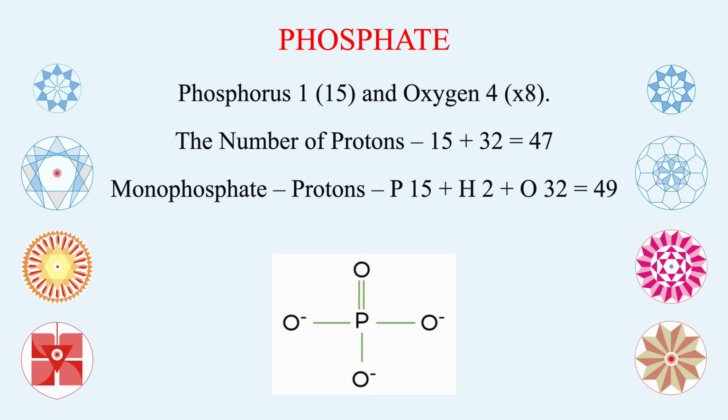But if you take monophosphate, as used in adenosine monophosphate, you have 49. You can see the picture very clearly. Is it trivalent? Carbon can get 4: 4 oxygen, or 4 hydrogen to produce methane.